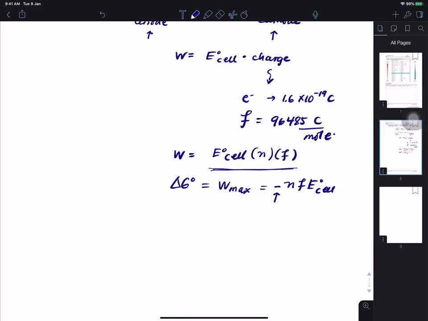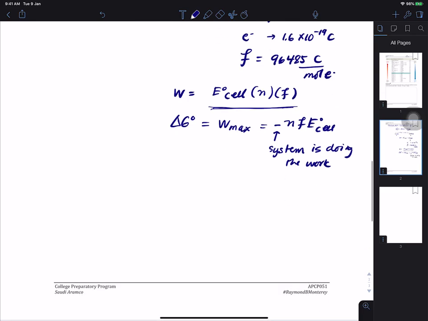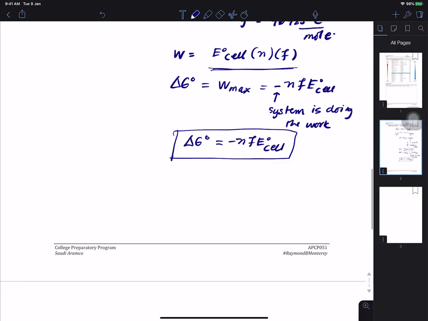Again, because the system is doing the work, energy leaves the system. So we are now having this relationship between the cell potential and the Gibbs energy of the system. We know that a spontaneous reaction under standard conditions has a negative delta G naught, and therefore your E cell is positive for spontaneous processes. Our equation tells us that.